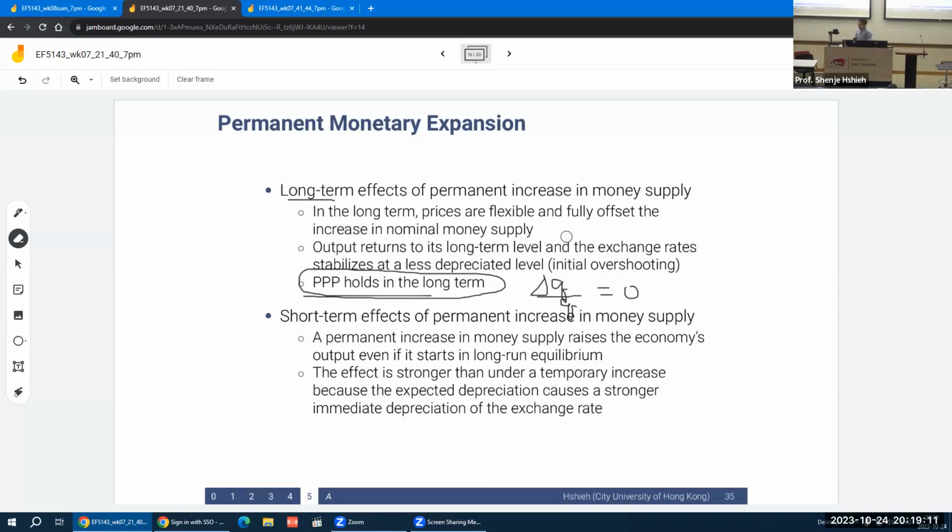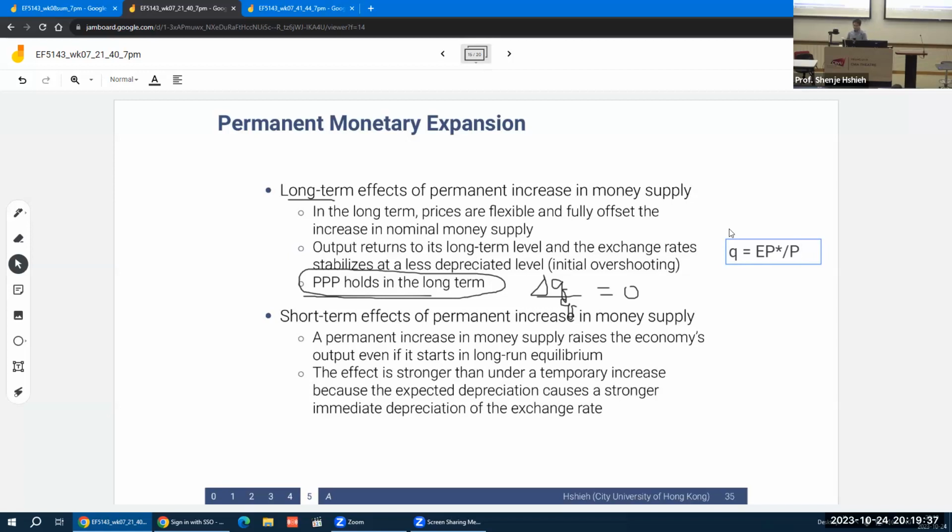So in other words, we're going to make the case that E will track P. They move in the same direction. Because Q is defined as Q equals E P star over P, the change in P is going to be the same amount as the change in E, and therefore, in the long run, Q will stay the same.